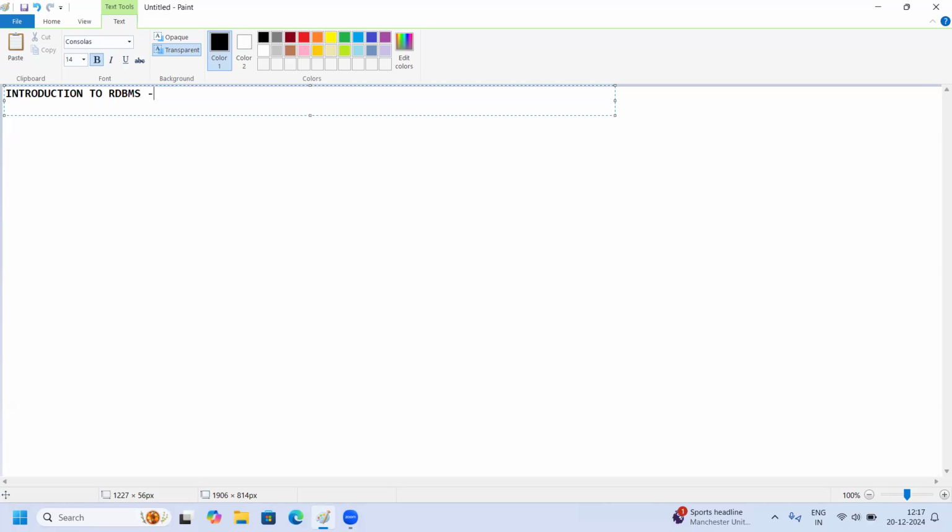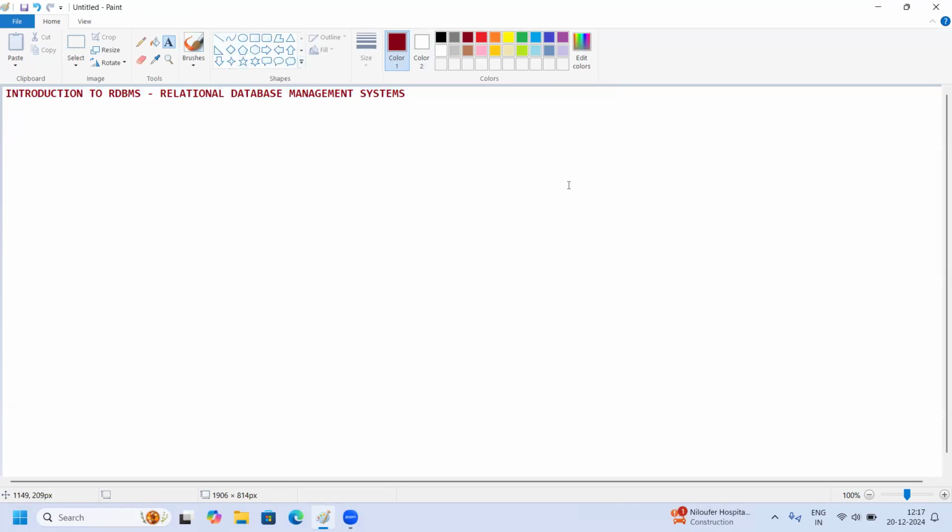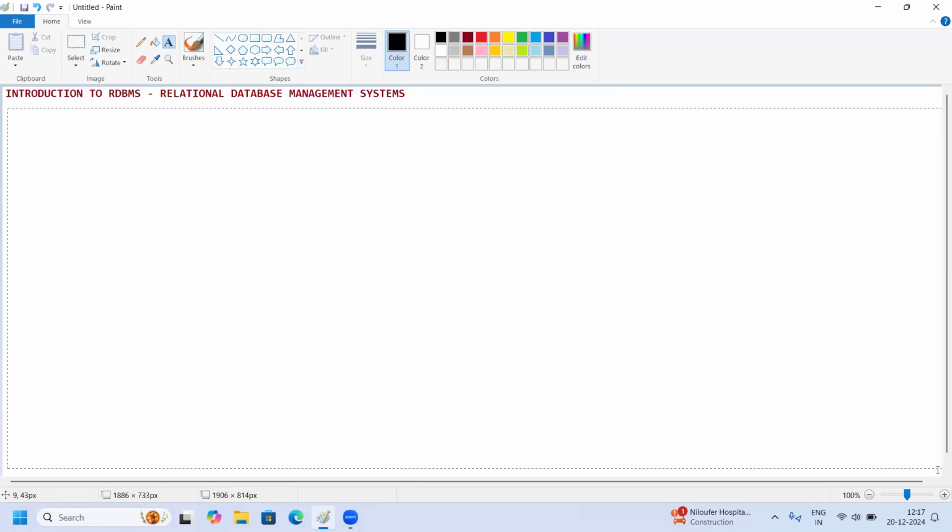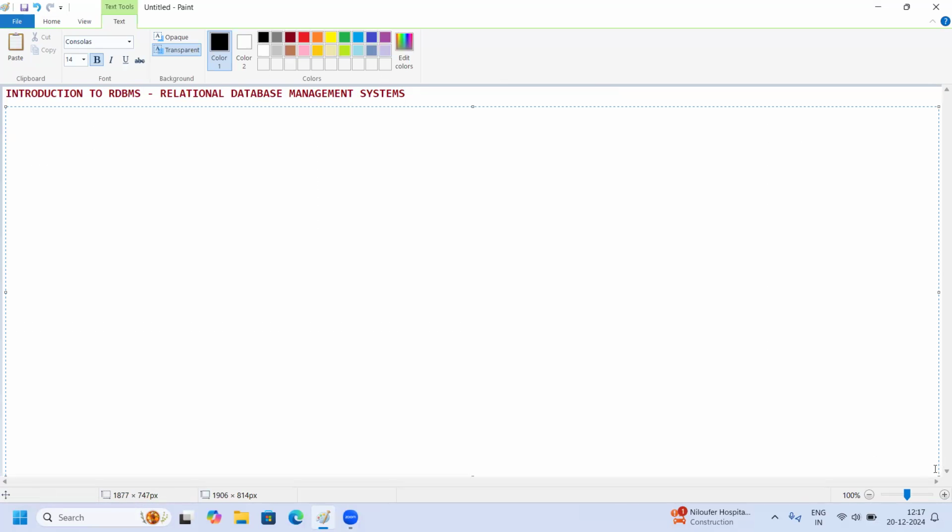Introduction to RDBMS, Relational Database Management Systems. Now, instead of making too many points and getting confused, I made this introduction available with hardly 4 points. 4 points, be clear on that.